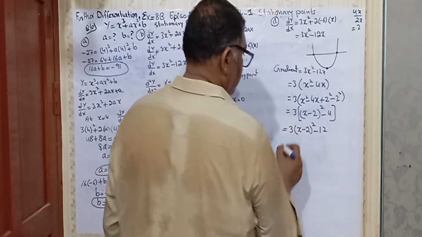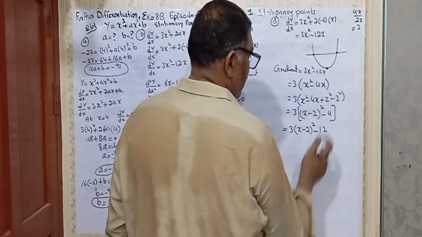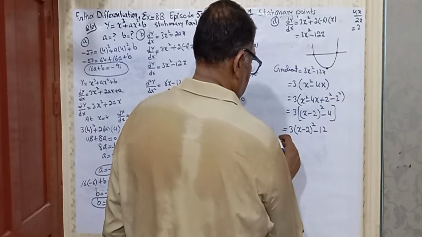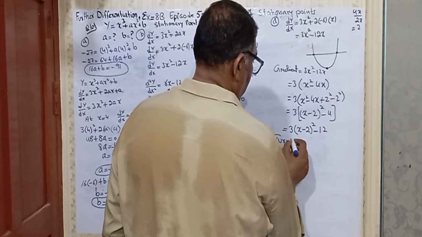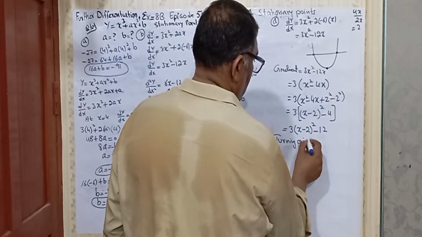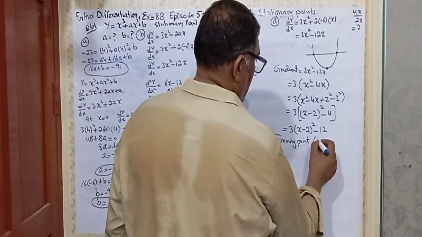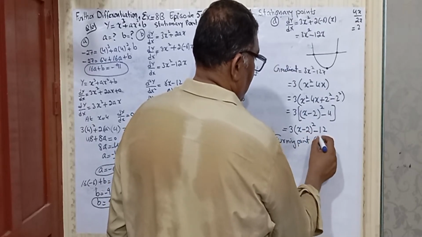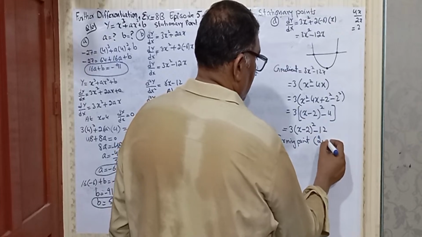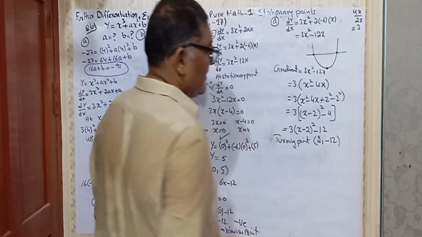So the turning point of this graph will be at, you change this sign, you keep this sign, minus 12. So this is the turning point.